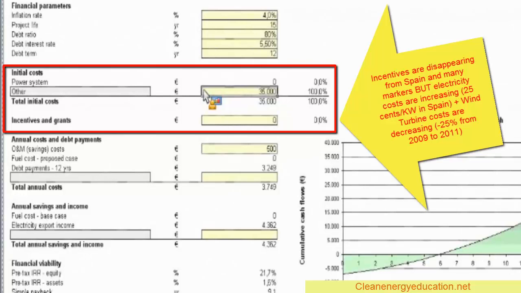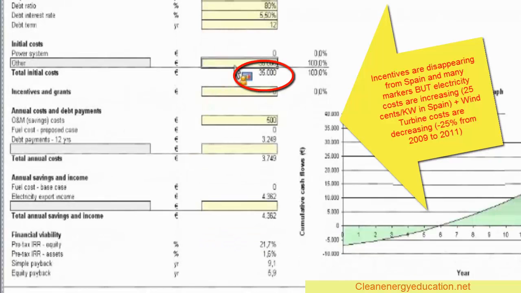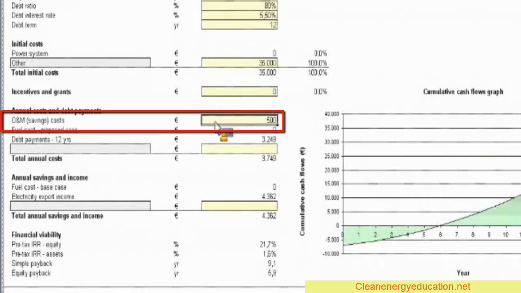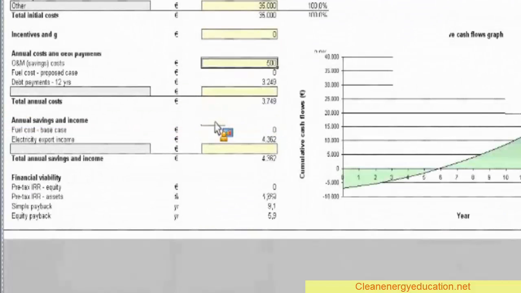Then in this case, we have assumed a rate of subsidy of about 15-20,000 euros. Then in this case we have to invest 35,000 euros. We do not introduce other incentives or grants. Assume 500 euros of operation and maintenance annual cost.